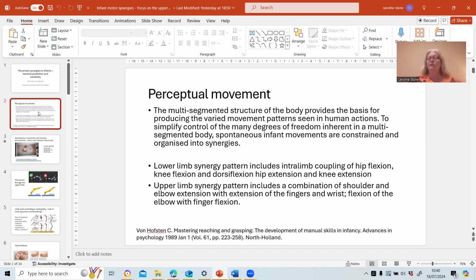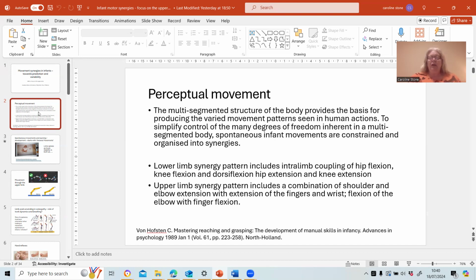So lots of different sorts of dynamics. And in the context of a multi-segmented structure and coordinative process, we're including the head as a limb, if you like. So the stability of that limb onto the trunk is really important.